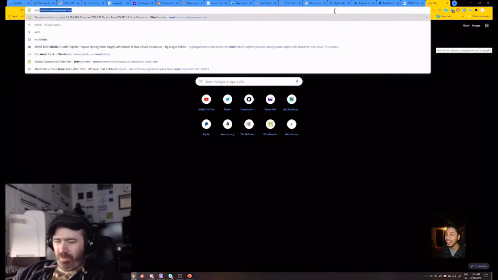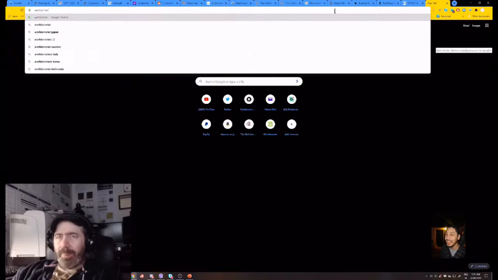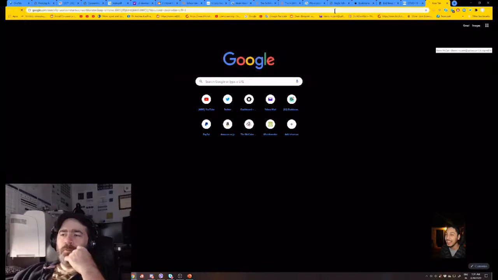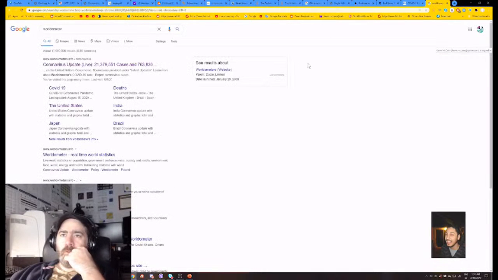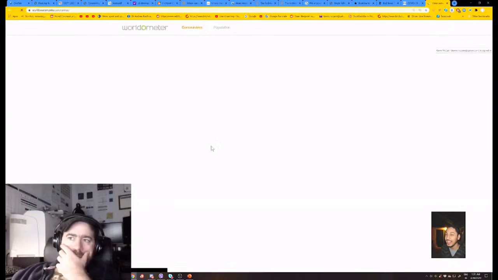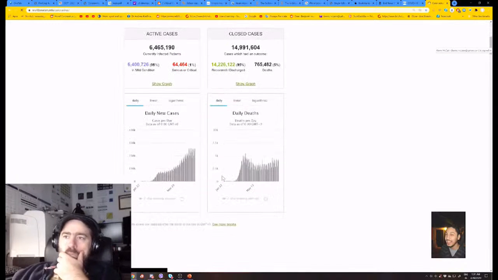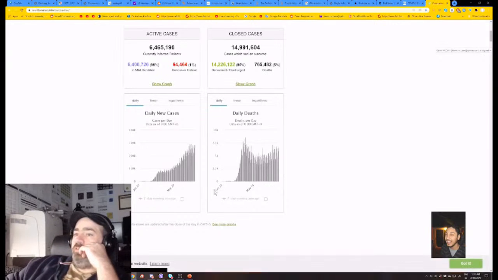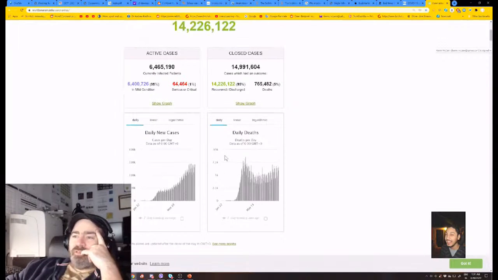I looked at Worldometer this morning, right, and it seemed to me that we'd hit a plateau of 20 million, 21. Right, it's flattening out, which is good. Right.